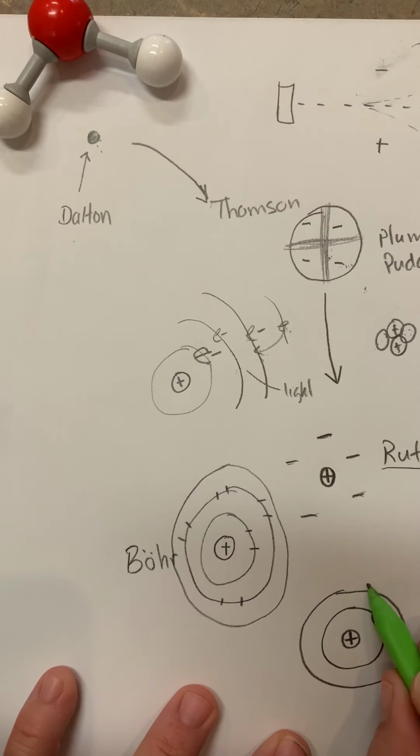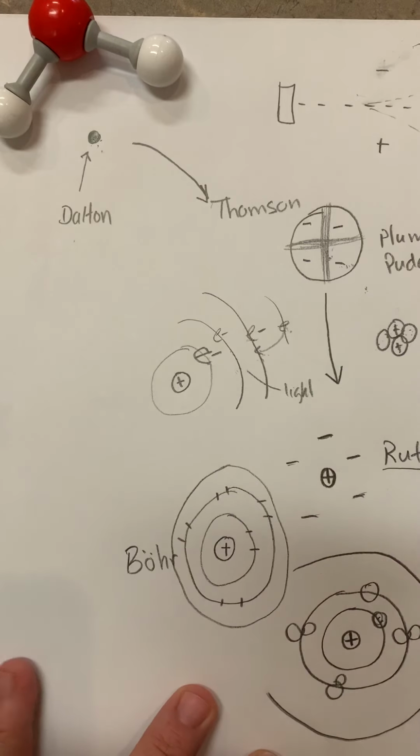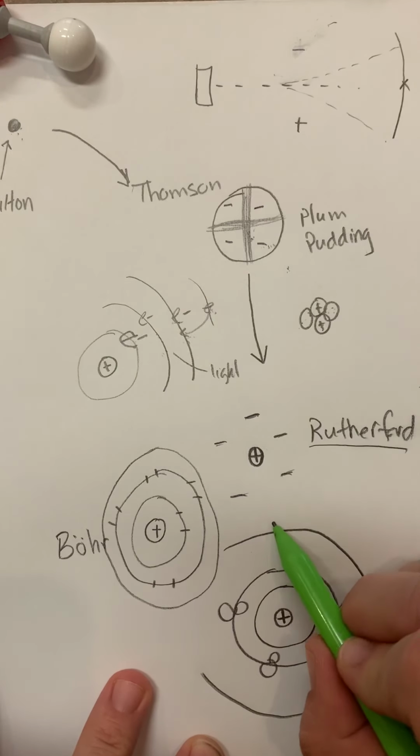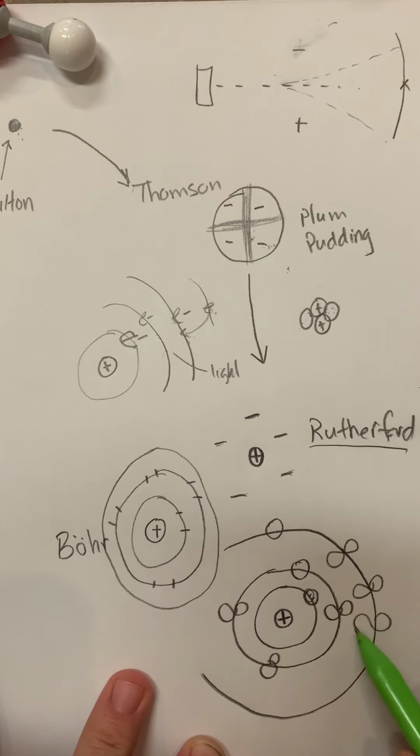The second level is going to have an s orbital, and it's going to have 3 p orbitals. The next level, I'm running out of room here, is going to have an s, spherical shaped, 3 p's, which are kind of double dumbbell shaped, and 5 d orbitals, and they are double dumbbell shaped.